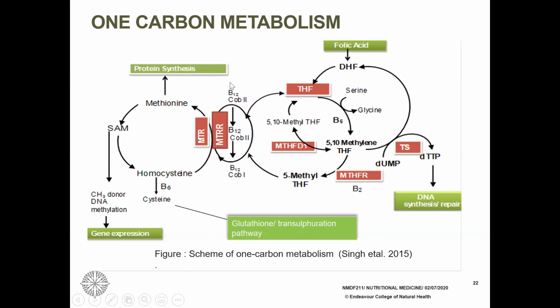Now, in regard to autism spectrum disorder, there is a lot of research telling us that there may be mutation in this pathway, MTRR, methionine synthase pathway. The names are written in the next slide.